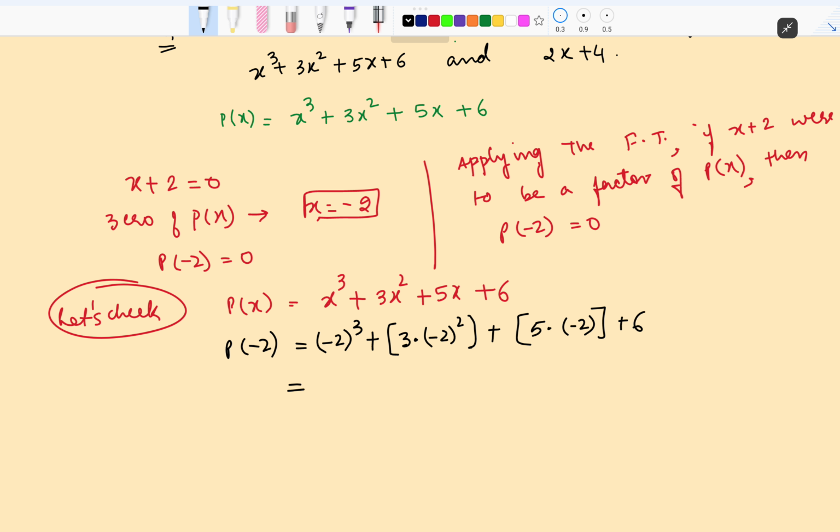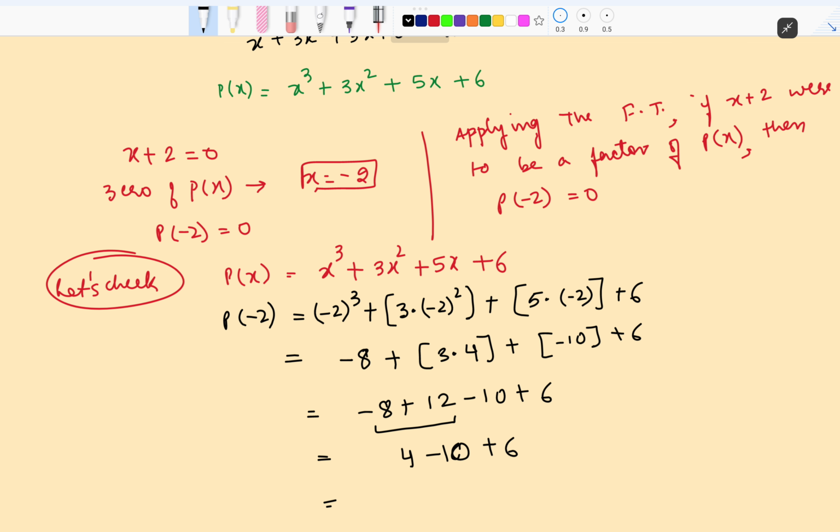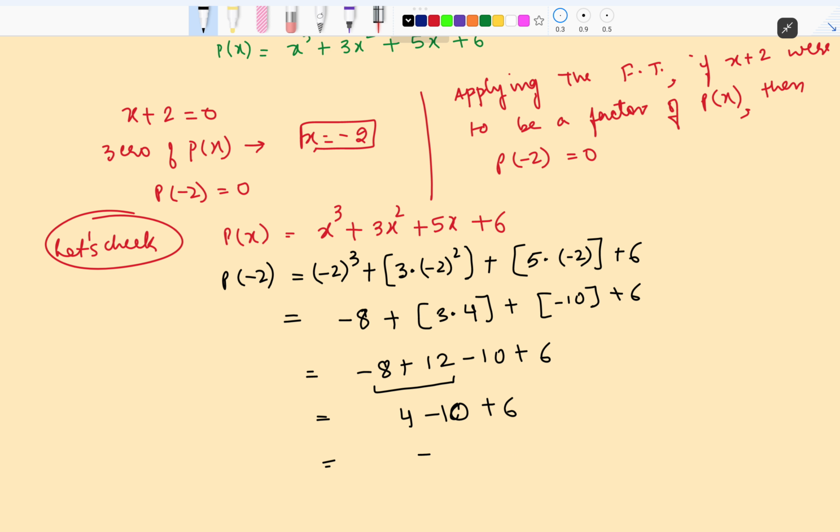Minus 2 cube will be minus 2 into minus 2 into minus 2, which is minus 8, plus 3 into minus 2 square will be positive 4, plus 5 into minus 2 is minus 10, plus 6. This is minus 8 plus 3 4s are 12, minus 10 plus 6. Minus 8 plus 12 is 4, minus 10 plus 6. Sorry, 4 minus 10 will be minus 6 plus 6, which is equal to 0.